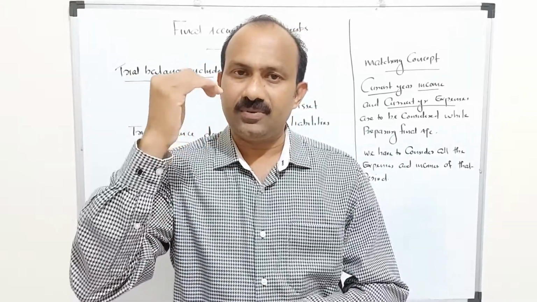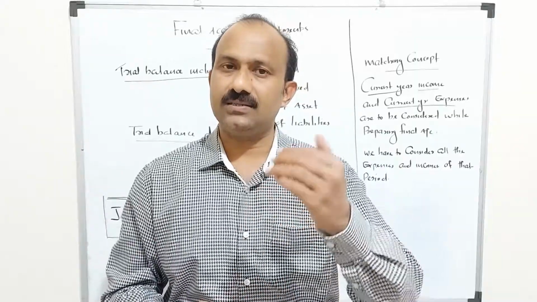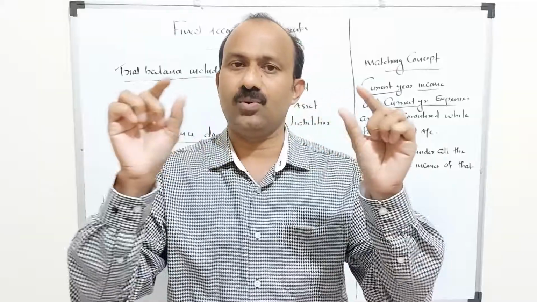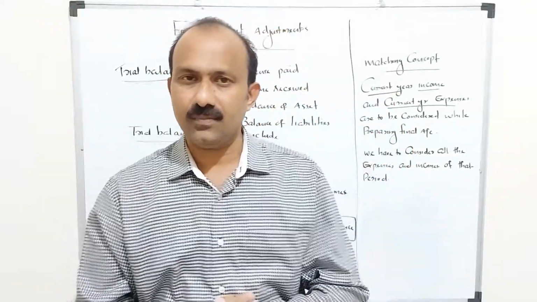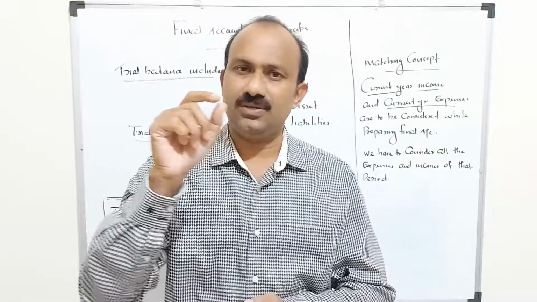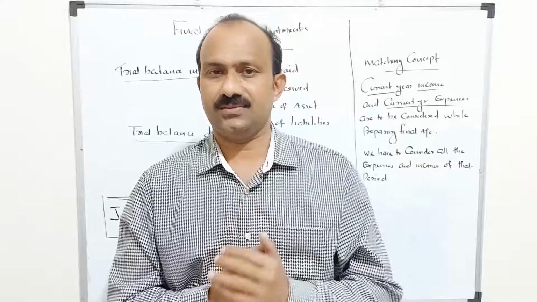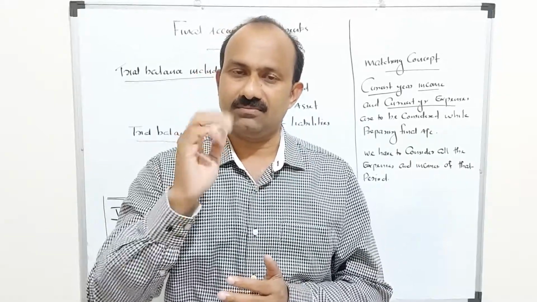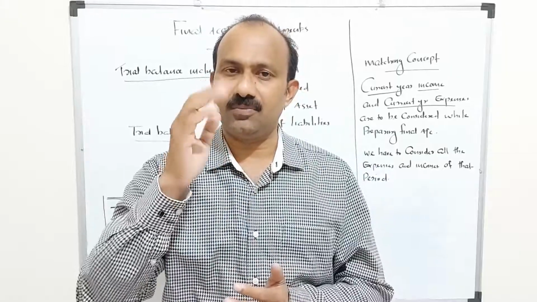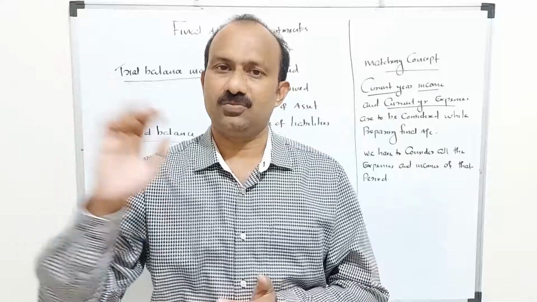Today, we have a clear picture about adjustments. Before understanding the adjustments, we have to understand some more important factors. Point number one, the accounting process starts from identification of transactions, journalizing, posting, ledger preparation, and the trial balance preparation.